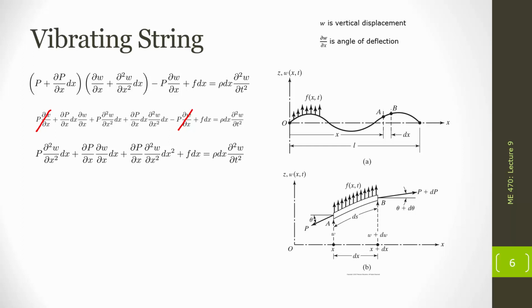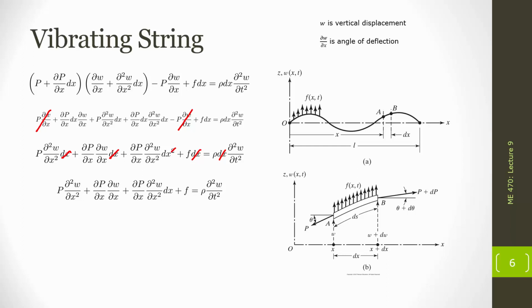Every one of these terms has a dx in it, so I can actually divide through by my dx's. And what I see here is I have a dx squared, so I'm going to be left with a dx to the first power. And now I can rewrite it without those dx terms since I've canceled them all out.